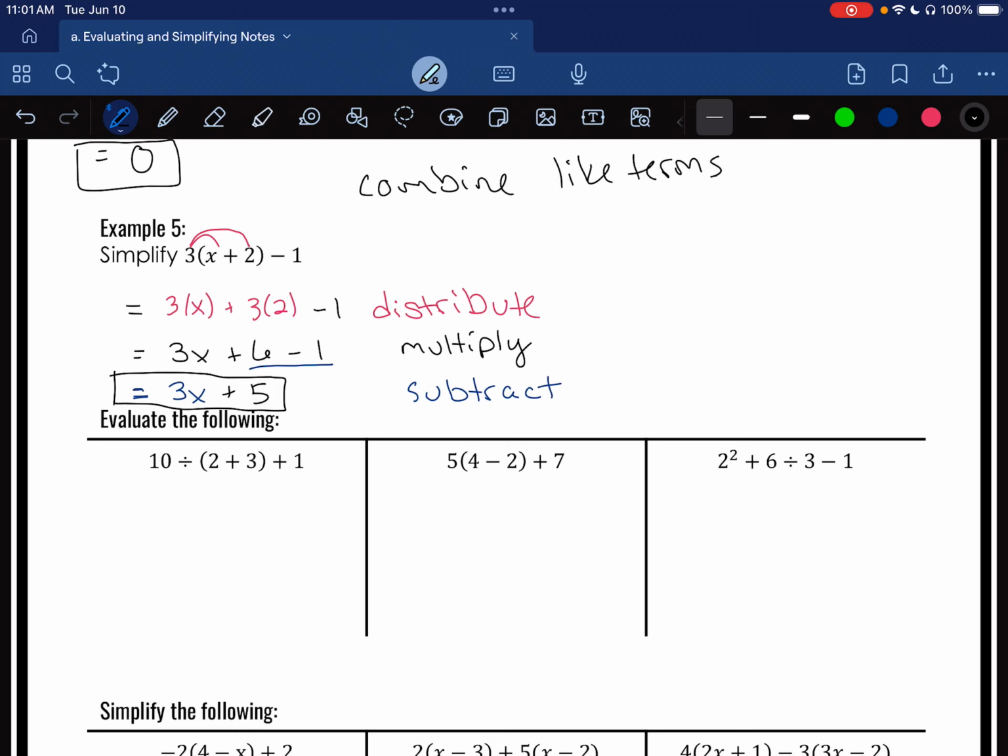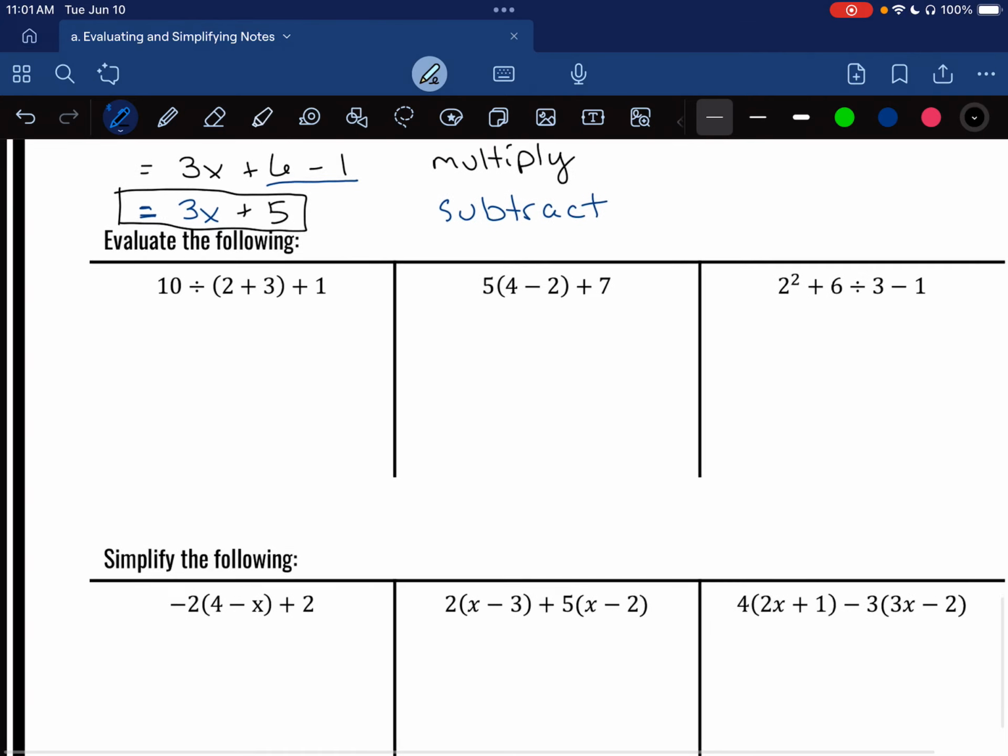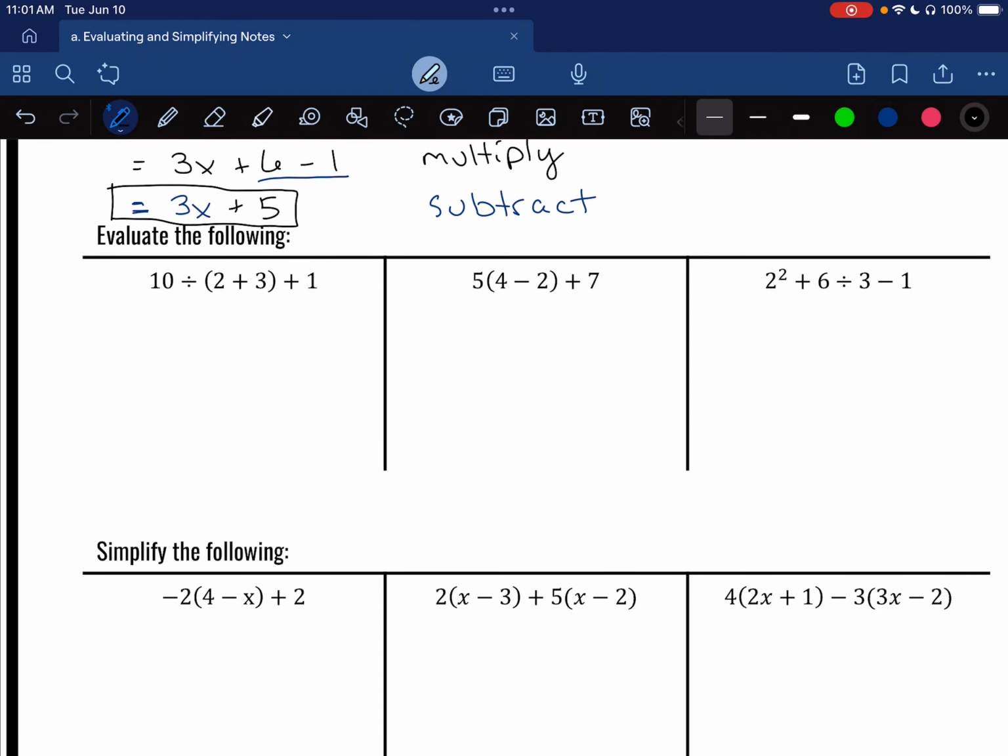Okie dokie. So let's go over this first one. Here, we need to take care of what's going on in our grouping symbols first. So I'll have 10 being divided by 5. I'm adding those together, and we have plus 1. Now, according to order of operations, we need to carry out that division there.